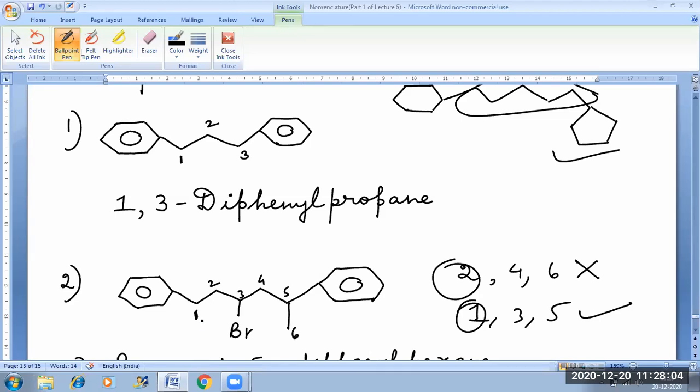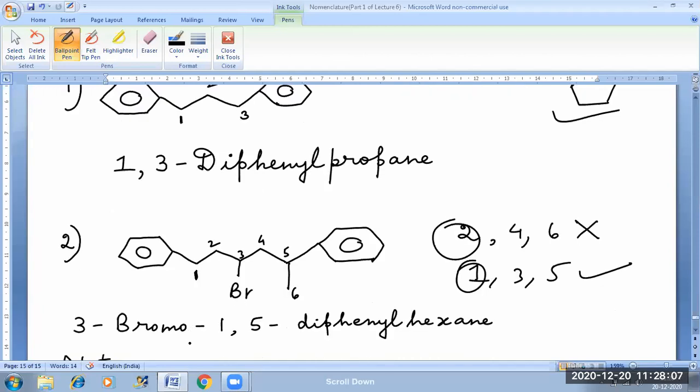So this will be the IUPAC name. At the third position, I have bromine. At the first position, I have phenyl ring. At the fifth position, also I have a phenyl ring. So 1,5-diphenyl.